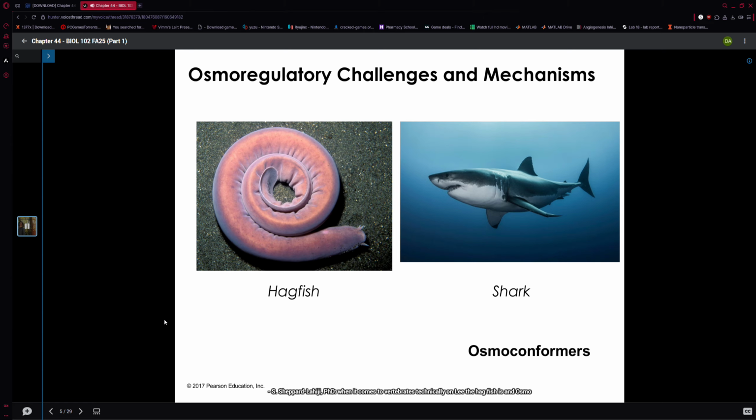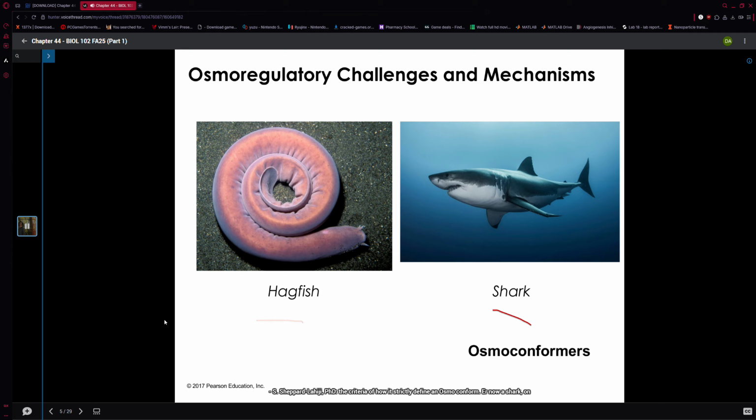Now, when it comes to vertebrates, technically only the hagfish is an osmoconformer. Okay, so most marine invertebrates are osmoconformers. And when it comes to marine vertebrates, the hagfish that's shown here on the left-hand side would be an example of a true definition, like meeting the criteria of how we strictly define an osmoconformer.